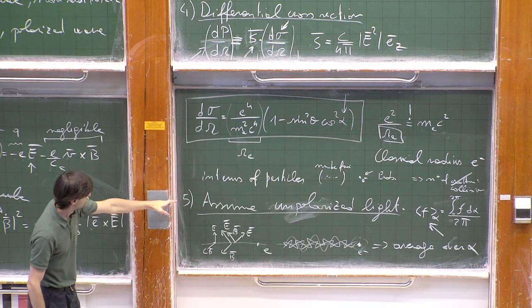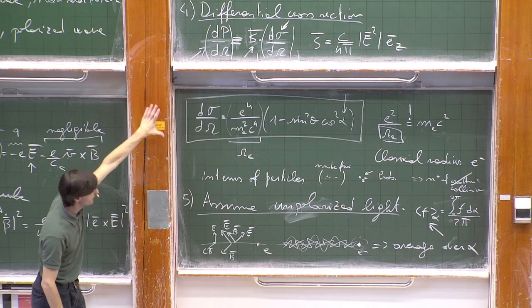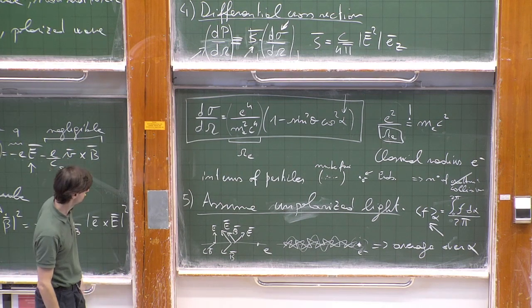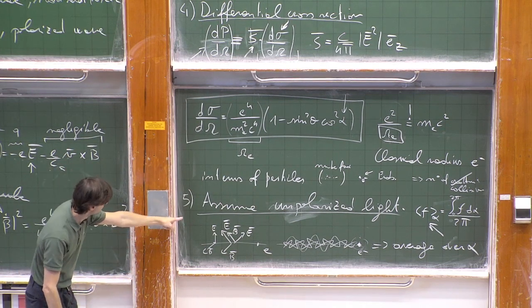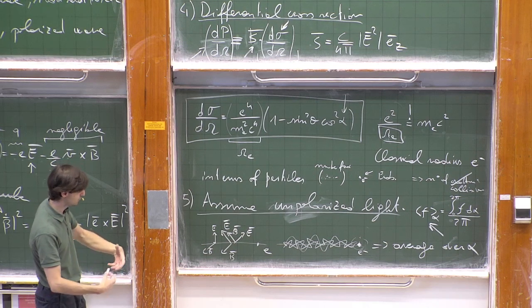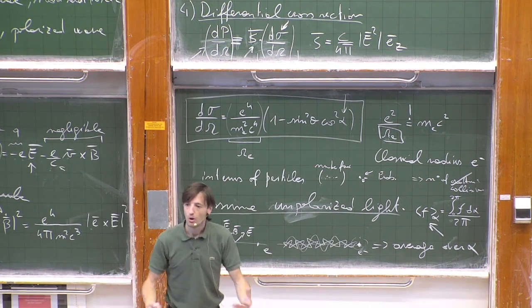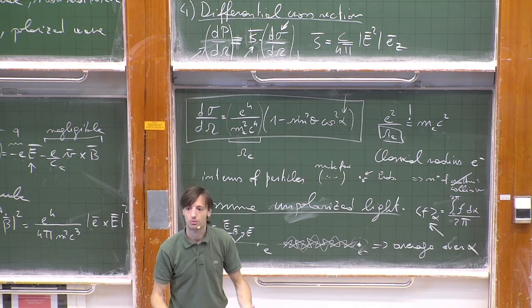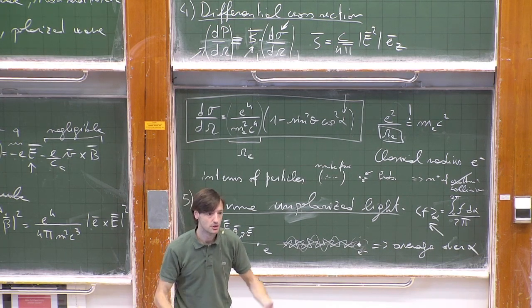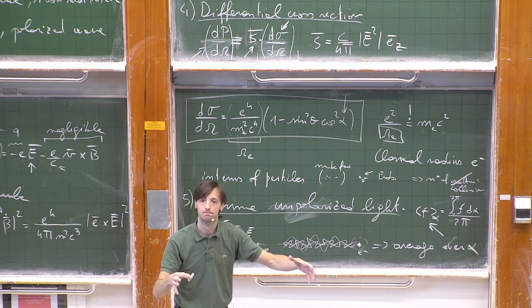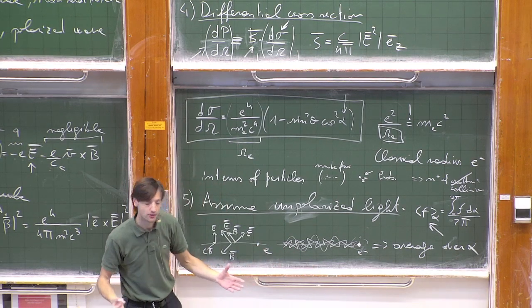Then what we did, this was done for one incoming polarized electromagnetic wave. What we did now was to consider a radiation field which is given by the superposition of all possible orientation angles for the polarization of the individual waves composing that radiation field. Okay? Unpolarized light.